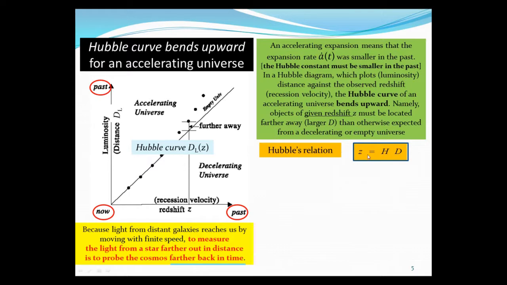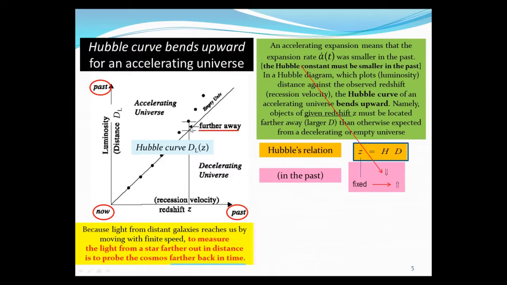must be located further away than otherwise from the decelerating or empty universe. Here's the Hubble relation. Remember, the redshift is proportional to distance, and the proportionality constant is related to the Hubble constant. Now, for a fixed z, if the Hubble constant is smaller in the past, then in order to have this fixed z, d must be bigger. So therefore, it must be further away.